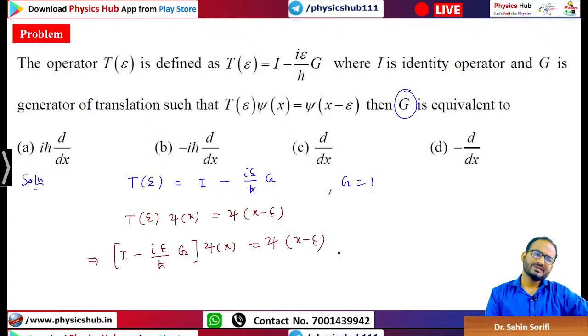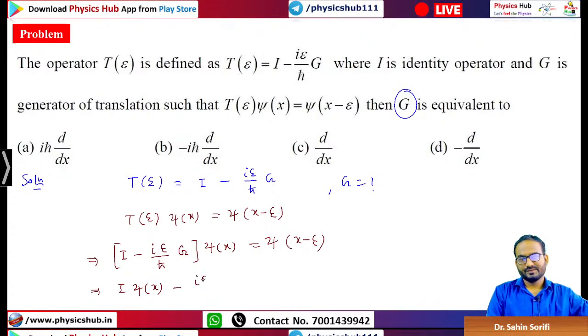Now psi of x minus epsilon, we can expand it. I psi of x minus I epsilon by h cut G times psi of x.